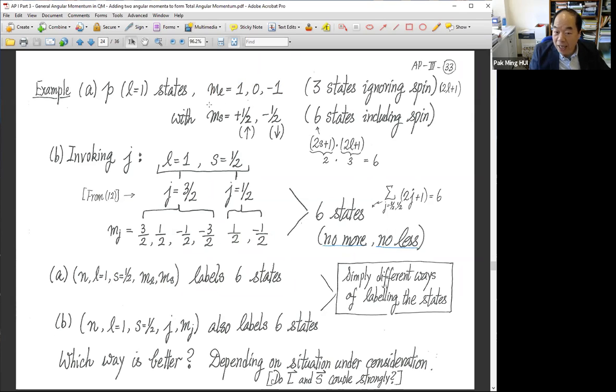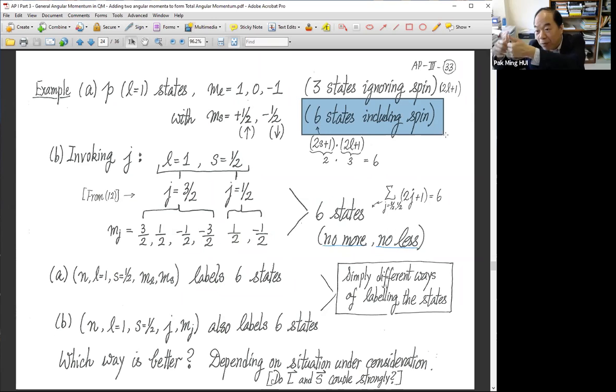And then we have S is half, MS is plus minus half, okay? So all of you know, I think, from high school, that P state actually has 6 states if you include spin. Or in chemistry, you have PX, PY, PZ, you can put up, down, up, down, up, down. Therefore, there are 6 states. Okay? So I hope that everybody knows this.